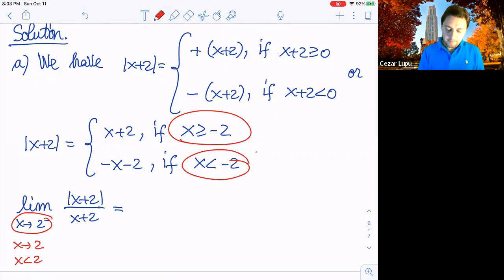So this would be equal to negative x plus 2 over x plus 2. And this will give us -1.